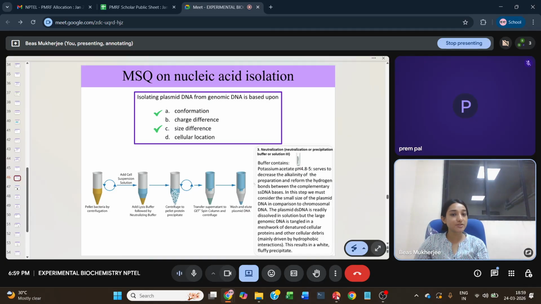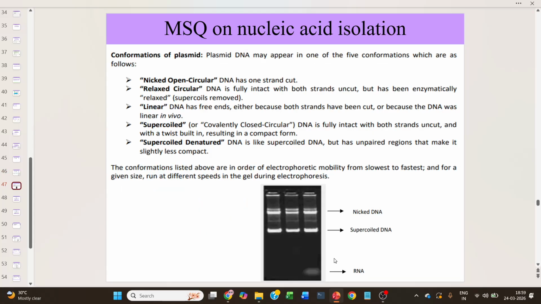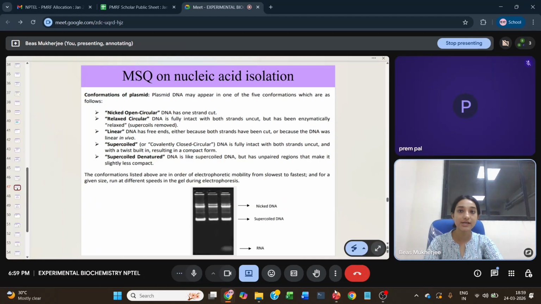The plasmid double-stranded DNA is readily dissolved in the solution, but the large genomic DNA is tangled in a meshwork of denatured cellular proteins, while other cellular debris, mainly driven by hydrophobic interactions, remains as a white fluffy precipitate in a denatured and precipitated condition. Whereas the plasmid DNA renatures because of its small size and conformation.